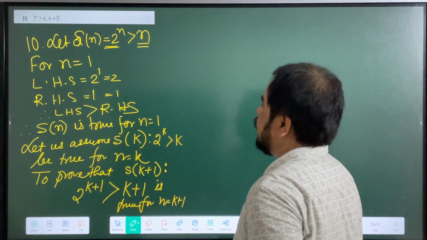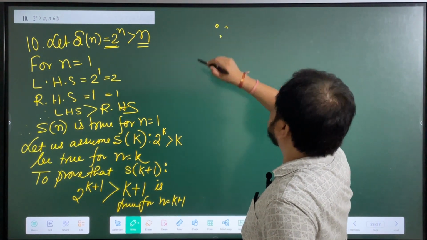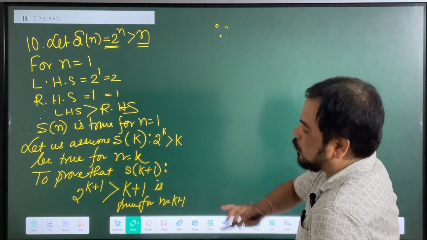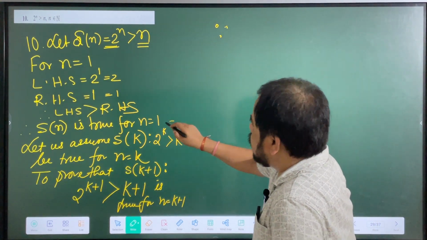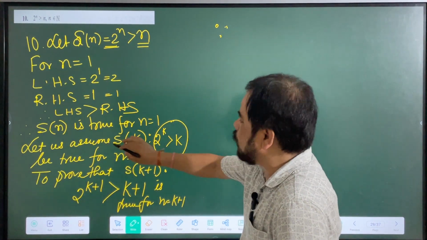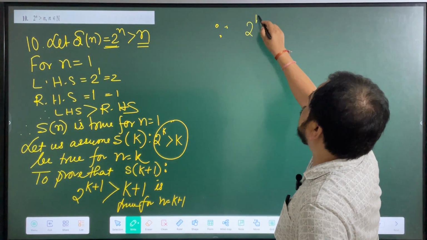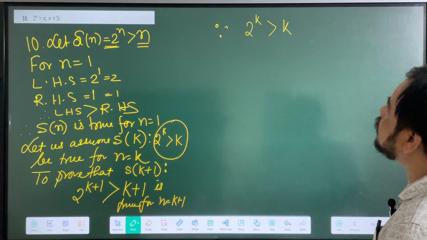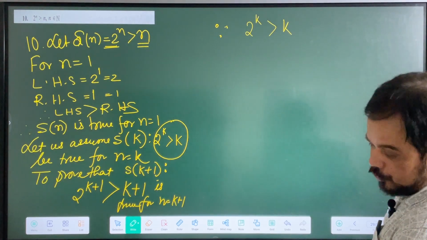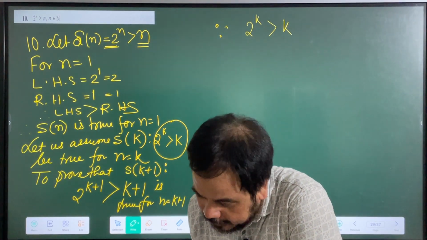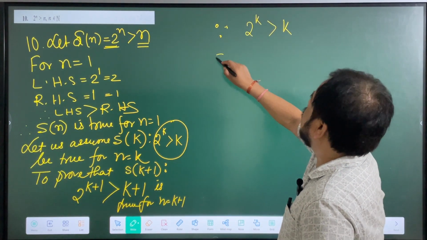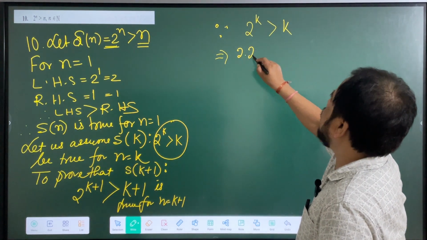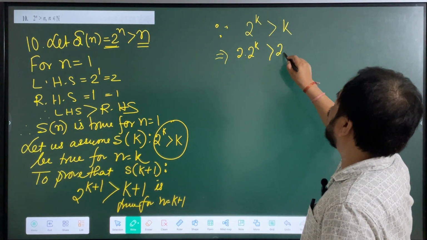Now since we will not do LHS and RHS, because there is no equal sign, we use what we have already assumed: 2 to the power k is greater than k. Now we will multiply both sides by 2.